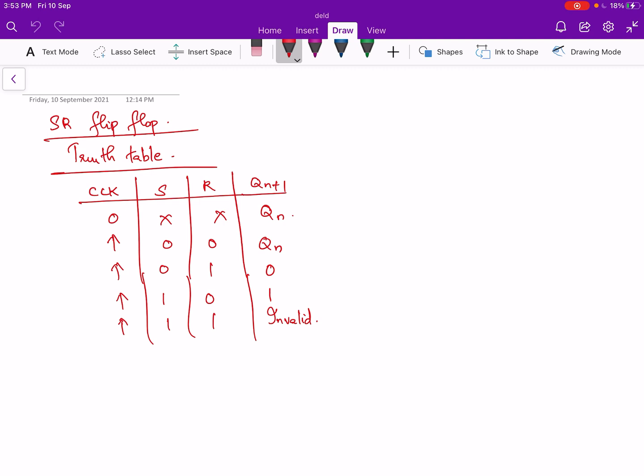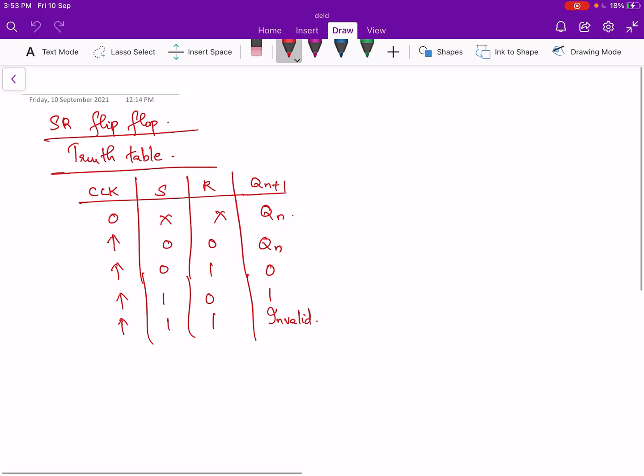We can show a negative edge triggered clock also. There will be four possible combinations of S and R: 0, 0, 0, 1, 1, 0 and 1, 1. And we know that when S and R are 0, then Qn plus 1 will be equal to Qn. That is, whatever is the state before applying clock, that will be retained. That is, it will be acting as memory.